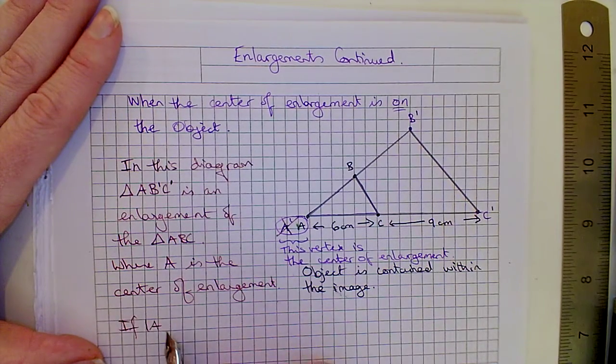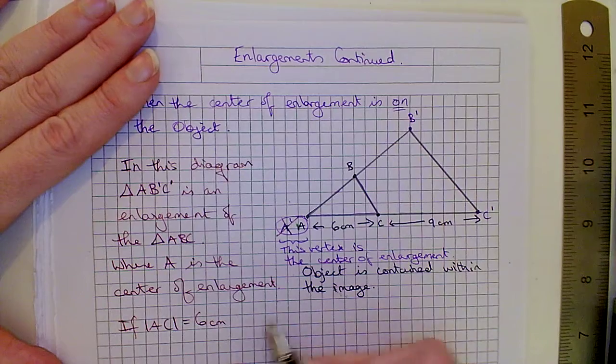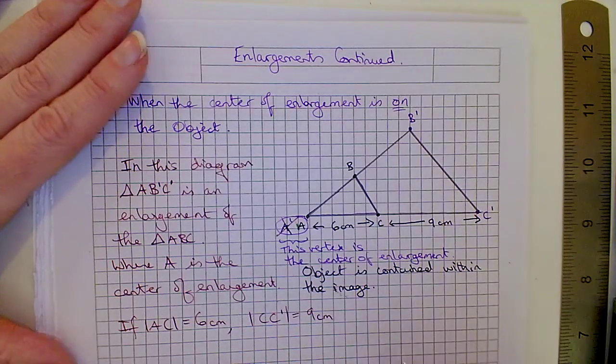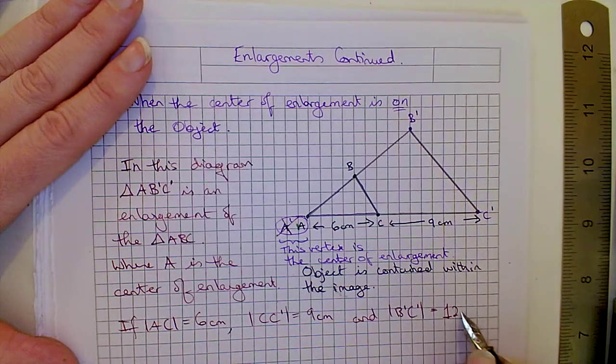If AC is equal to 6 centimeters, which we've already marked in here, C to C prime is 9 centimeters, which we've also marked in here, and B prime to C prime is equal to 12.5.